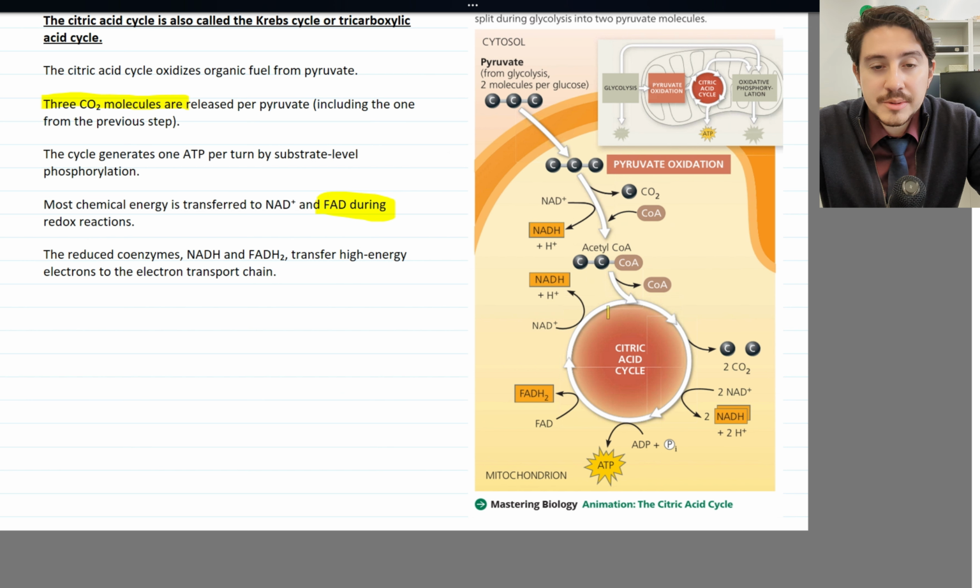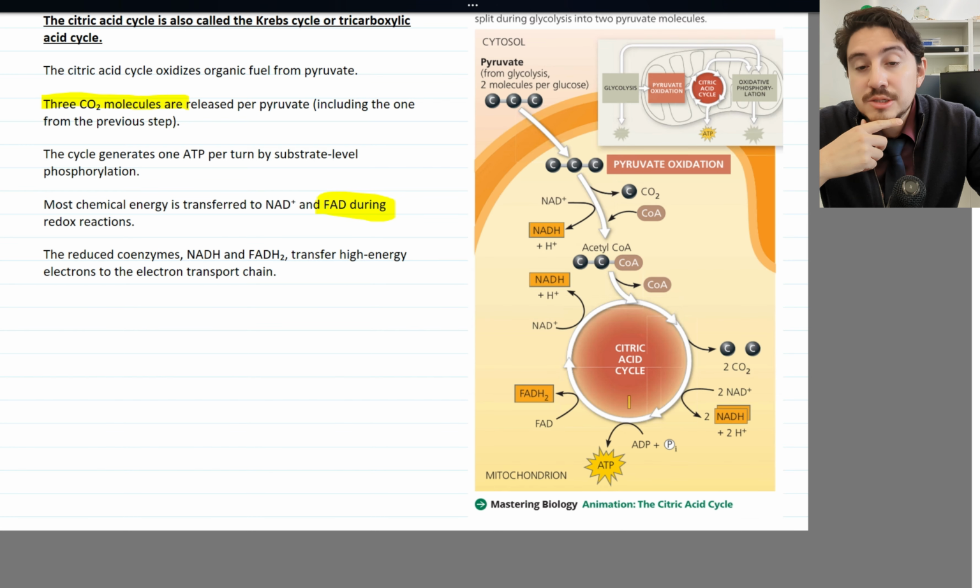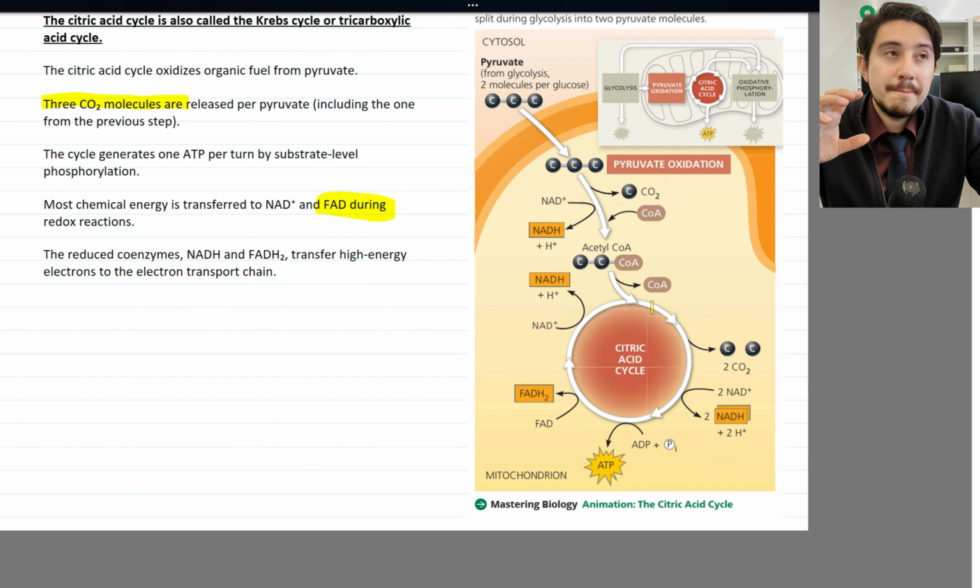So in summary, you're having your pyruvate, a 3 carbon molecule. Remember, in pyruvate oxidation, 1 carbon dioxide is released, so you have a 2-carbon compound here. Then in the citric acid cycle, this compound is further oxidized, and here's where you have your production of carbon dioxide. So a question that you can be asked in a test: where does carbon dioxide form in this whole process of aerobic cellular respiration?